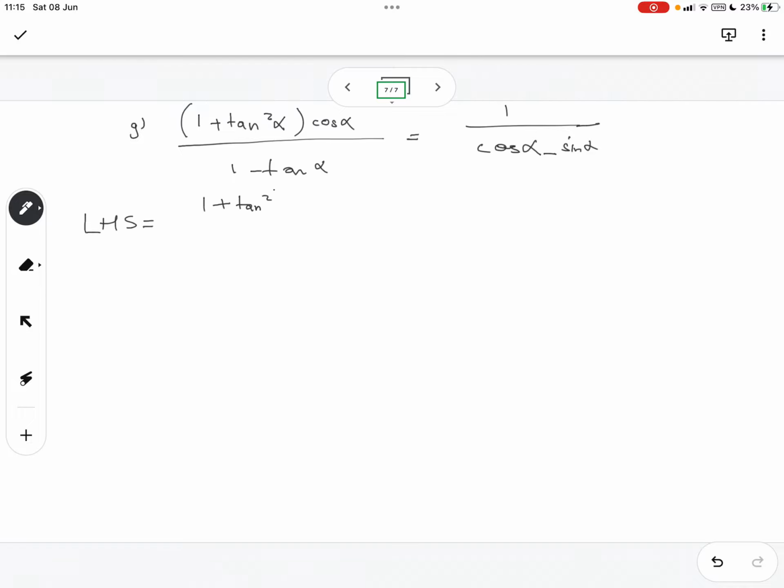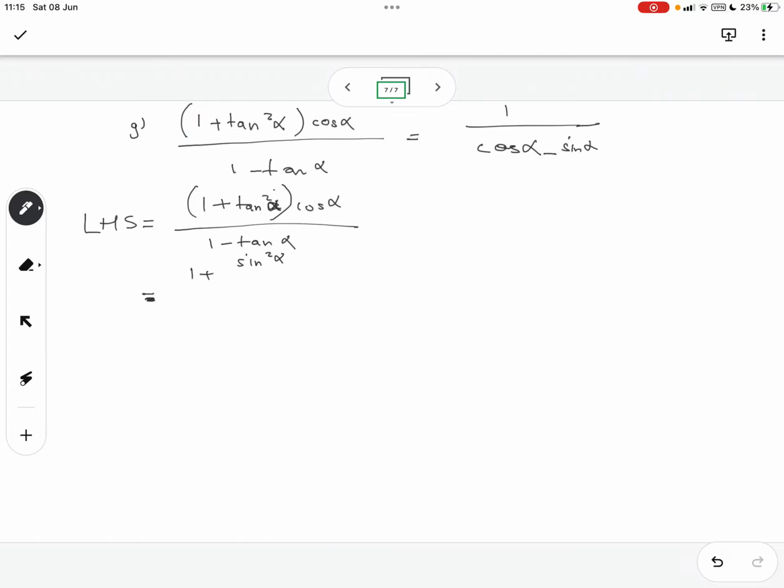Okay, then we can simplify left hand side again and say that this 1 plus tan squared alpha, times cos alpha over 1 minus tan alpha.